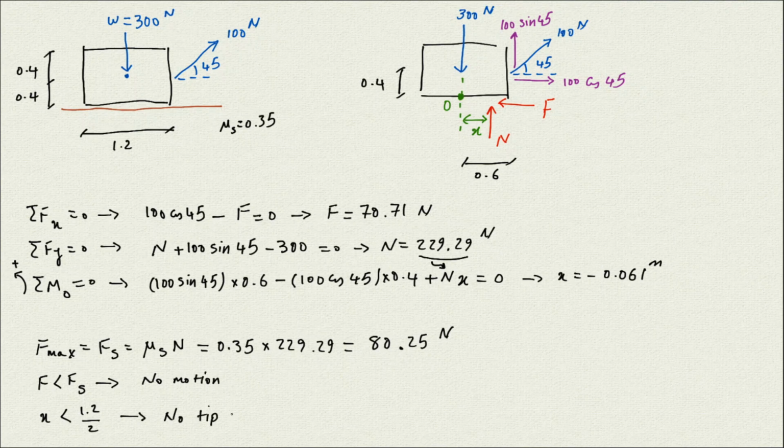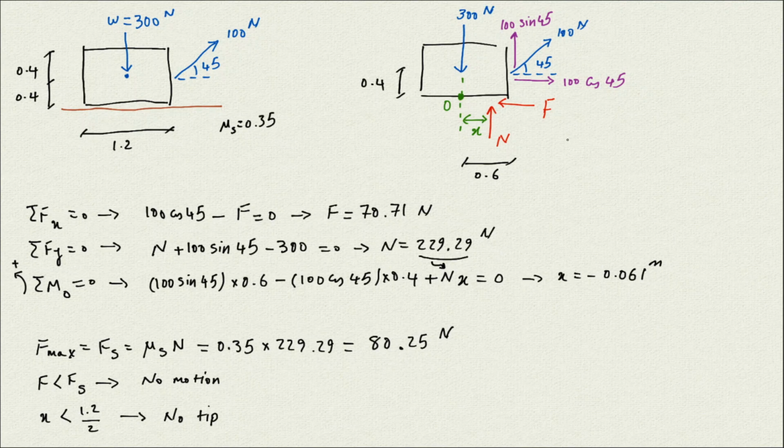If x was out here, it would mean that to balance the moment we would have to bring the N outside the box.